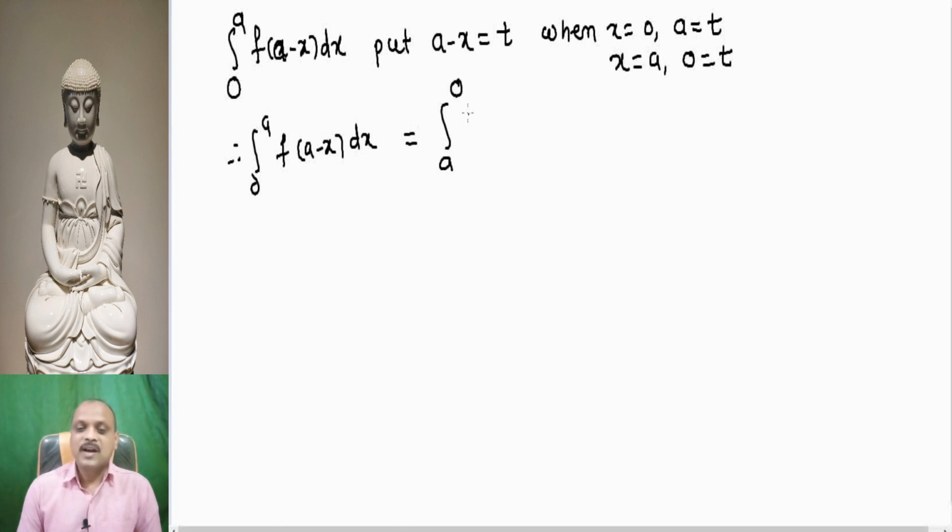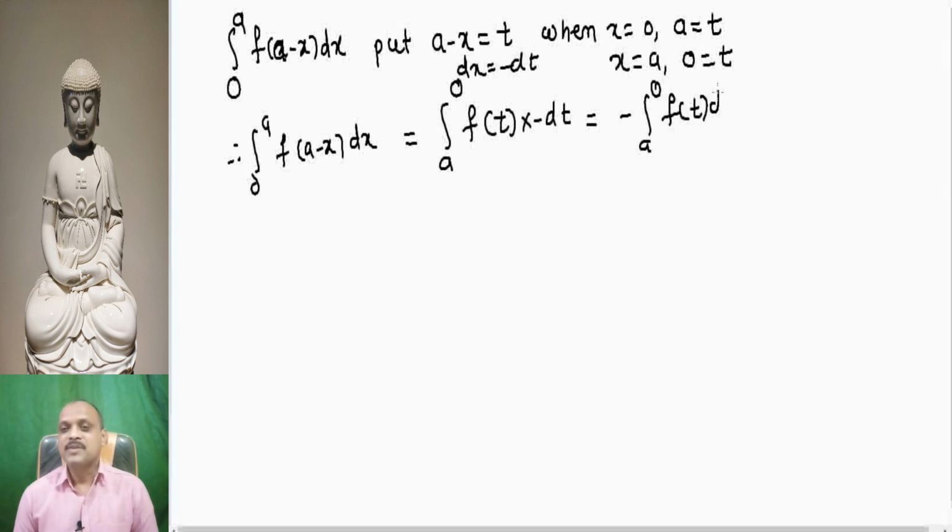f of t, and dx equal to minus dt, so minus dt times this gives minus integration a to 0 f of t dt. By our second property we can change the lower limit and upper limit, and in doing this the value of the integration changes in sign, and hence the minus becomes plus and the limits become integration 0 to a f of t dt.